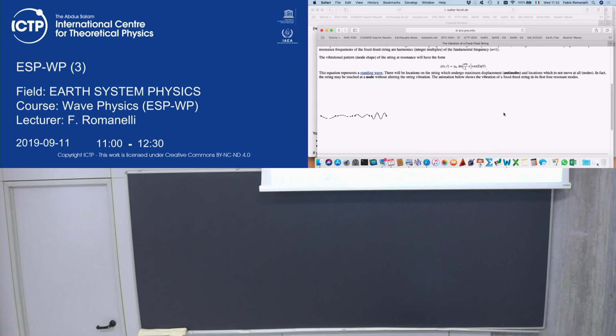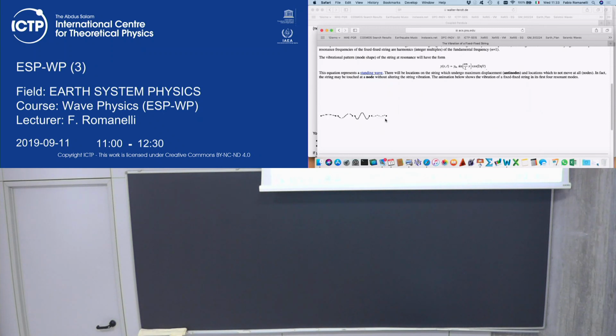And now my question is, how many normal modes do we have in a spring? Well, since we have a continuous distribution of mass, we can imagine wiggling it in as many ways as we can imagine. So we have an infinite set of modes. Why? Because the mass is continuously distributed. We are going to call them the first, the second, the third, the fourth, and so on.